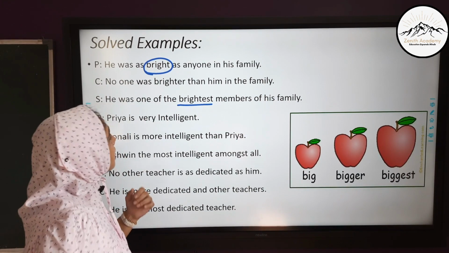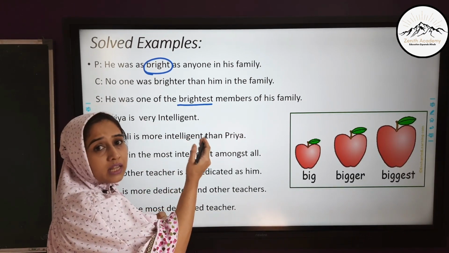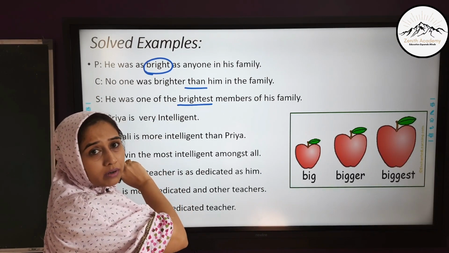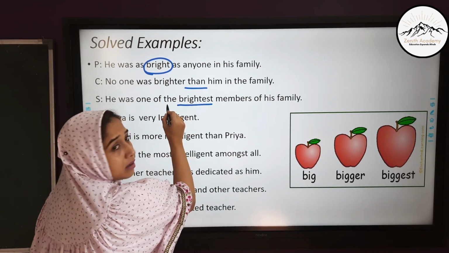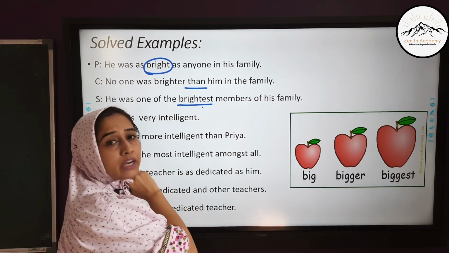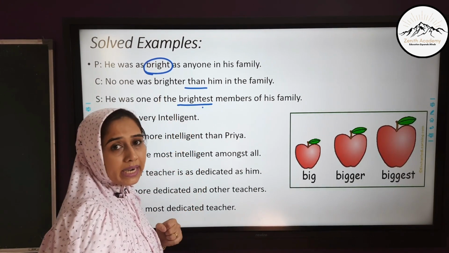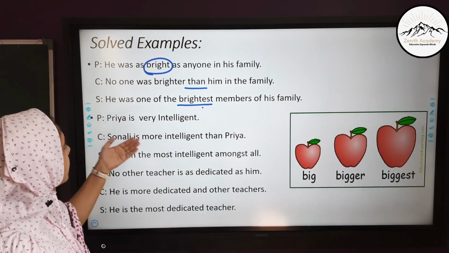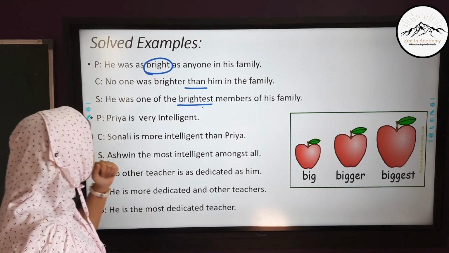As we have already studied in the rules, than is followed by the comparative degree of the word, and the definite article the is used when we use the superlative degree of the word bright. It becomes the brightest.